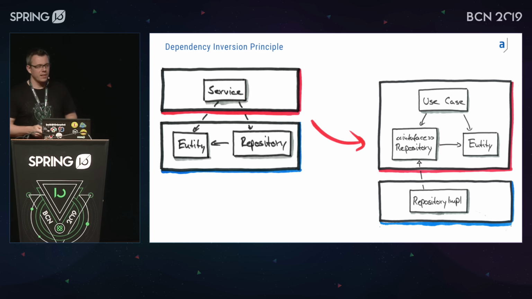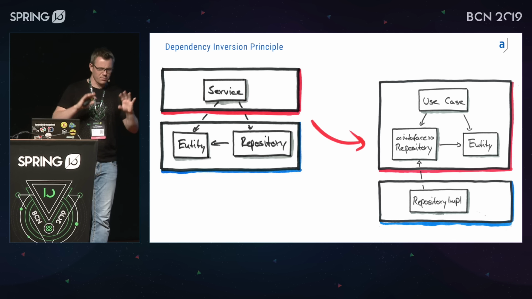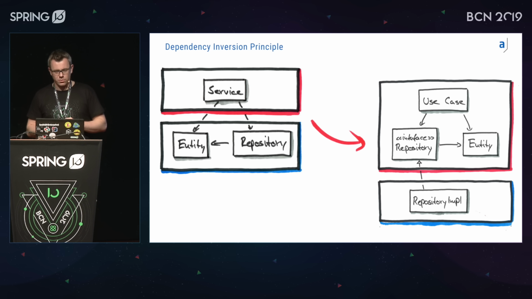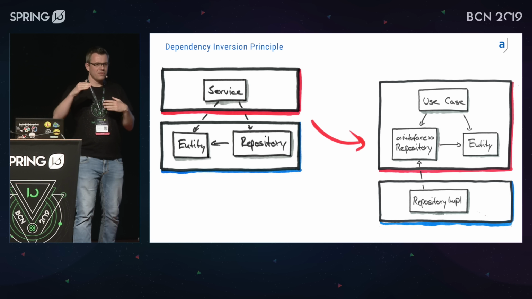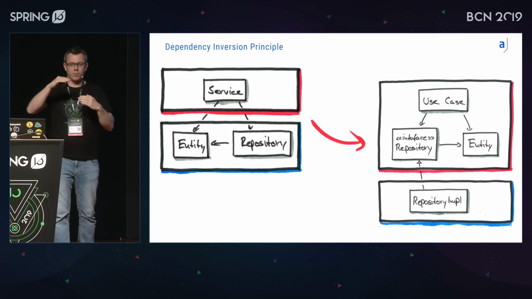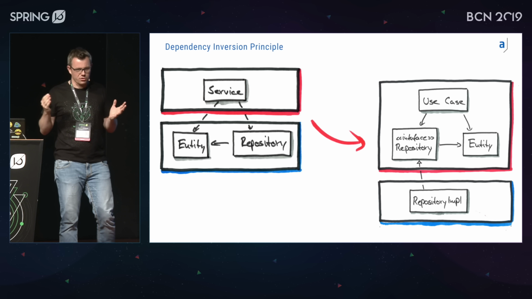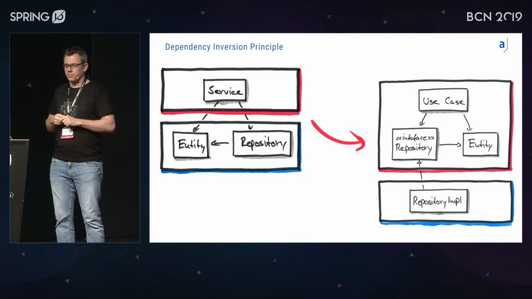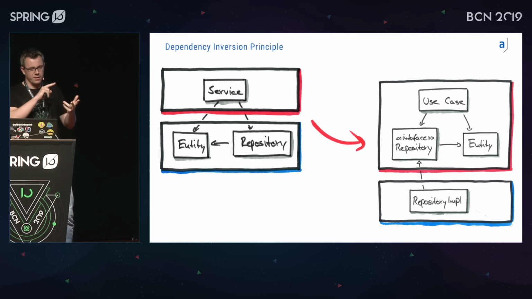In the domain layer, we added an interface, which I called repository here, but which doesn't necessarily have to be named like that. And the persistence layer simply implements this repository interface with whatever technology is sensible in the project: JPA, Spring Data, JDBC, whatever.